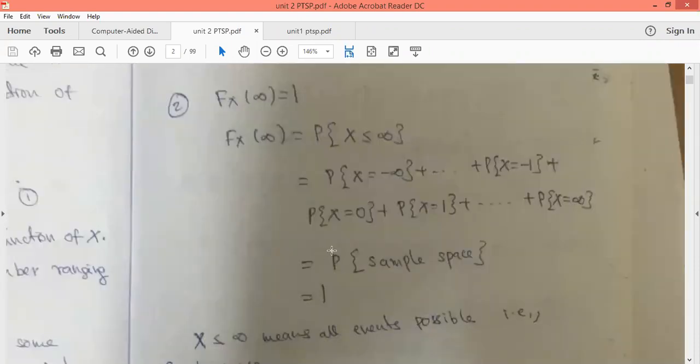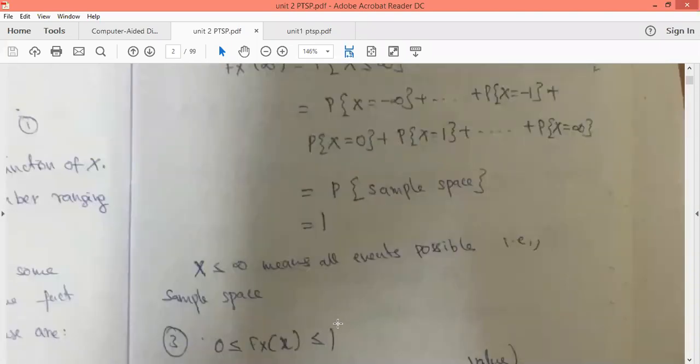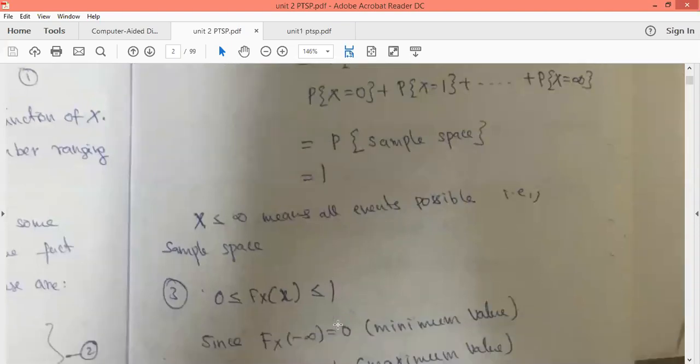So it is the probability of the complete sample space, which is equal to 1. If X is less than or equal to infinity, it includes all possible events, and that is the sample space. So its probability is equal to 1.